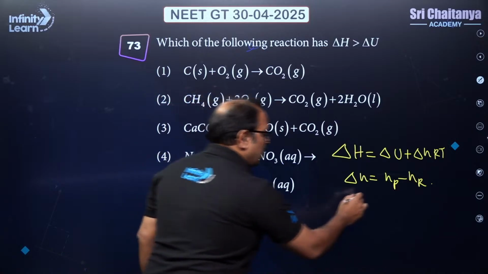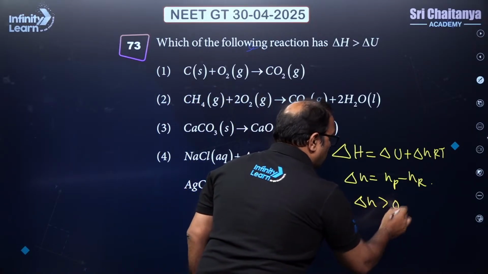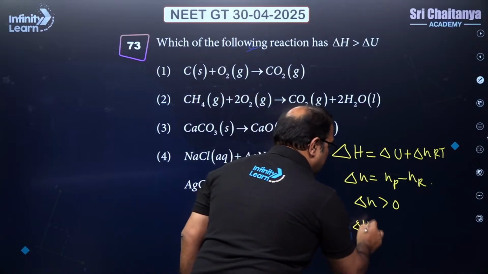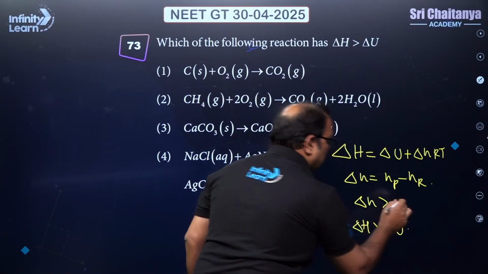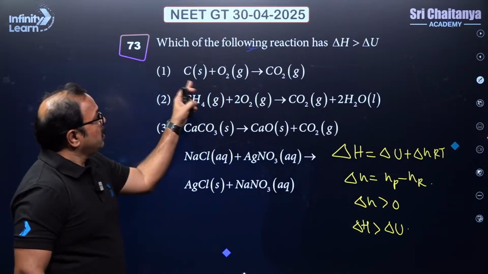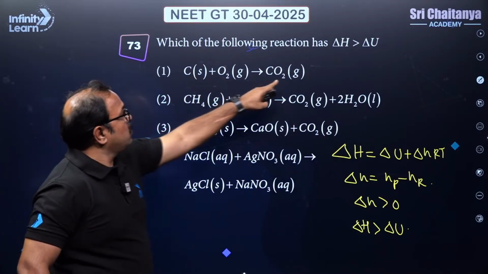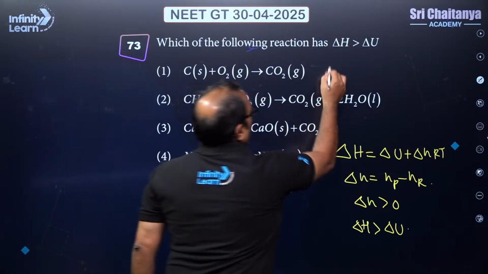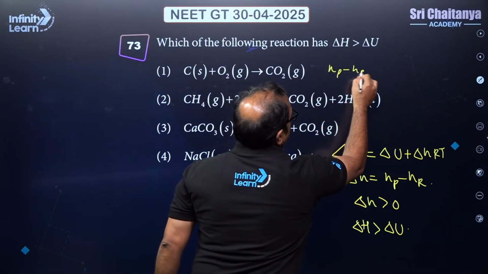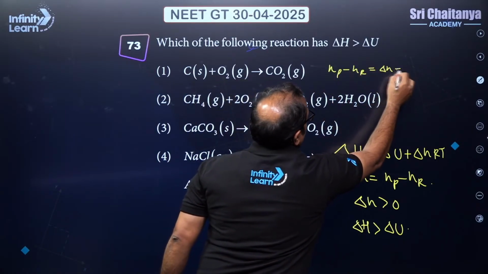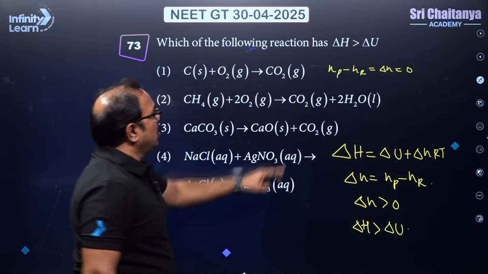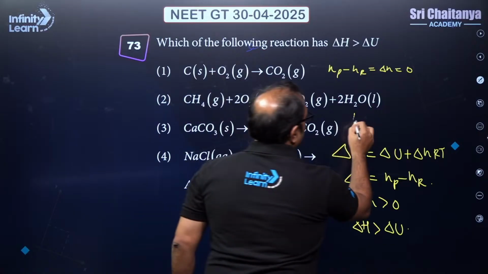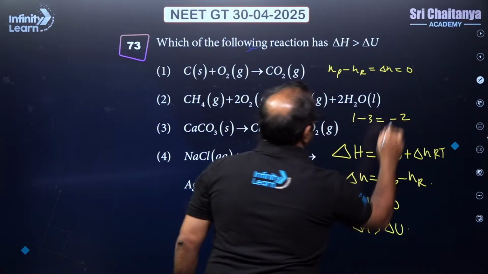If the delta N value happens to be more than 0, then obviously delta H will be more than delta U. So here the number of moles, in this case it is 1. Products minus reactants is the calculation for delta N, in this first case it is 0. Here it is 1 particle and this is 3 particles, so it is 1 minus 3, therefore it is minus 2.